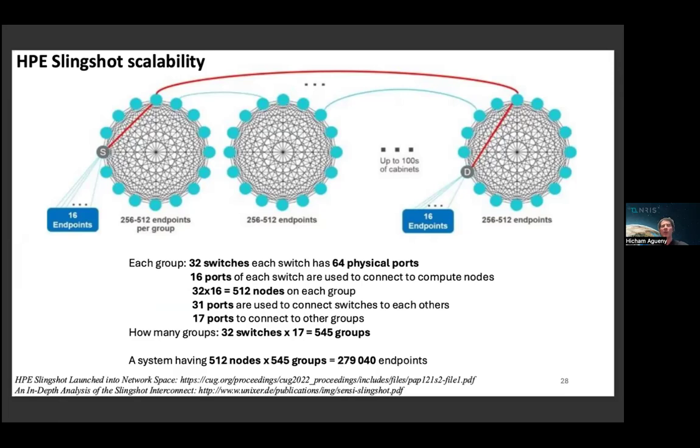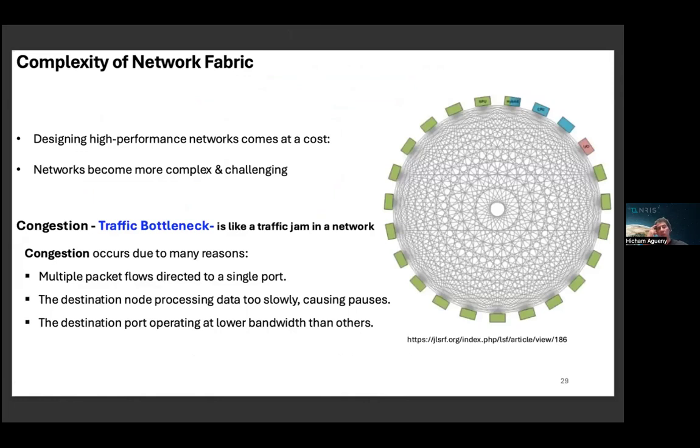The complexity of this system, of course, brings some challenges. One of the challenges here is how to deal with traffic bottlenecks. The traffic bottleneck, or congestion, happens for many reasons. One of the reasons is that multiple packets of data follow the same path, which causes delays and slowness of the network.